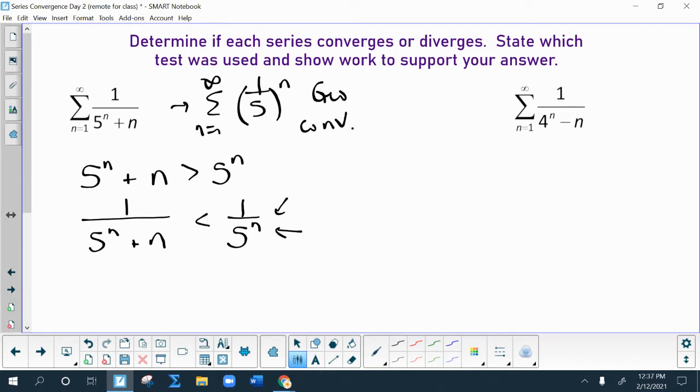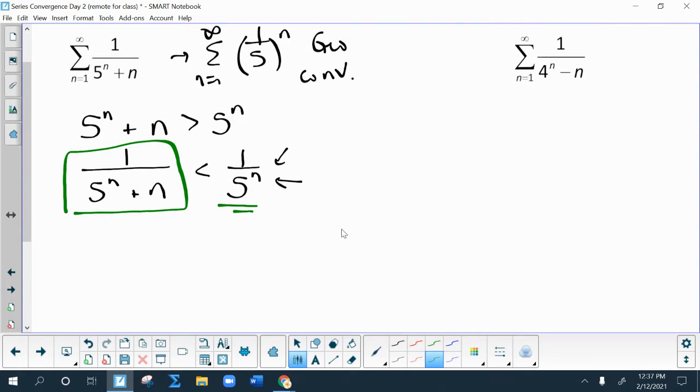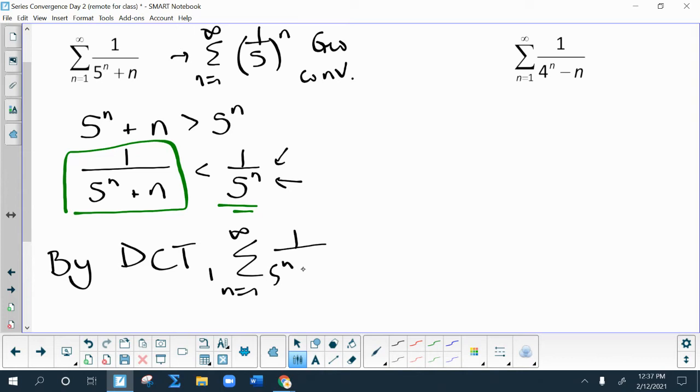So since it's a geometric series that converges, and the thing I'm comparing it to is smaller than what I know converges, then by the direct comparison test, the series from 1 to infinity of 1 over 5 to the n plus n converges.